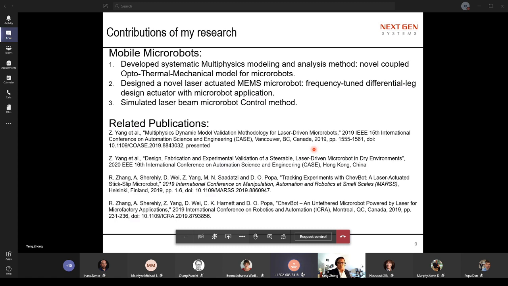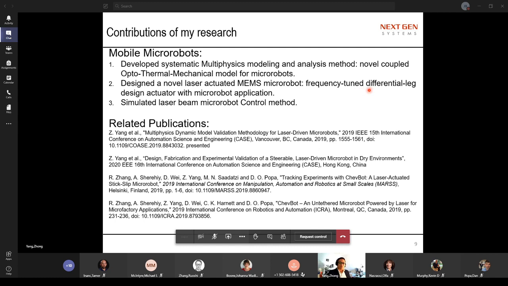So here are my contributions. For the movable microrobot, I developed a systematic way to model and analyze this locomotive microrobot, and I designed new thermal actuators. Applying these new thermal actuators, I designed a new movable microrobot called SerpentBot.